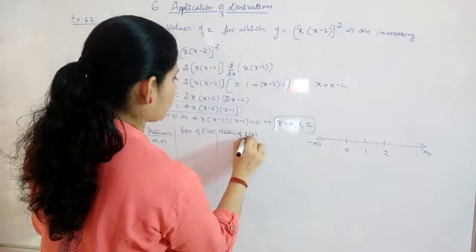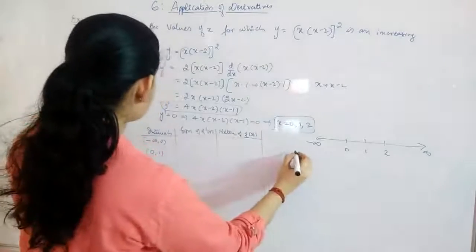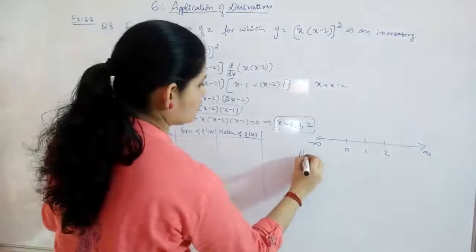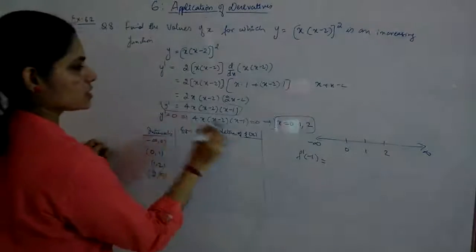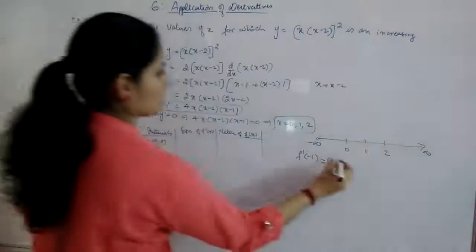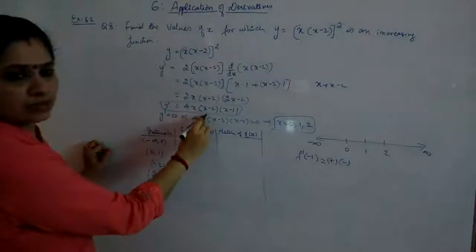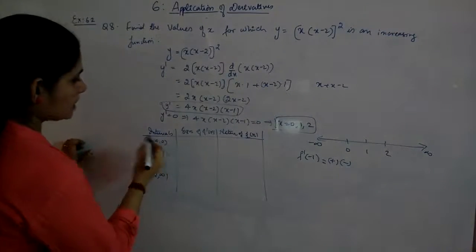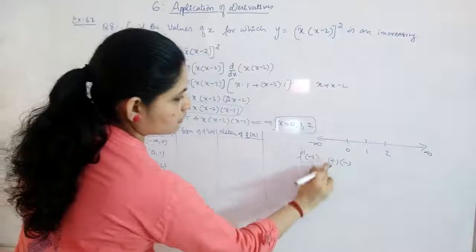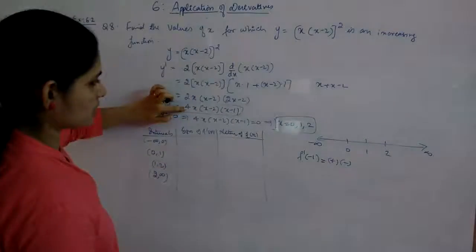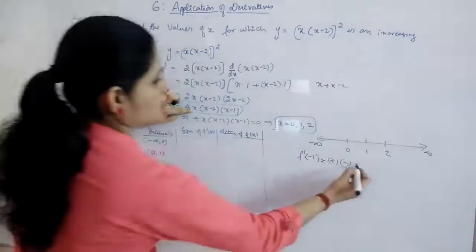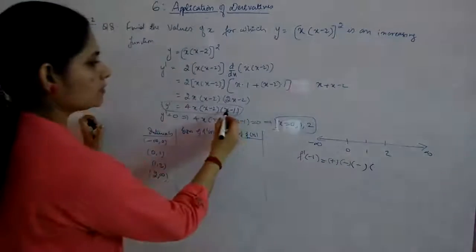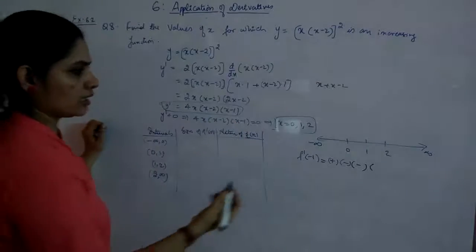In the first interval, minus infinity to 0, you can take negative 1. So f dash of negative 1 will give you first term positive, second term negative, since x is negative 1, then x minus 2, which is minus 1 minus 2, again negative, and fourth term minus 1 minus 1, again negative, right?